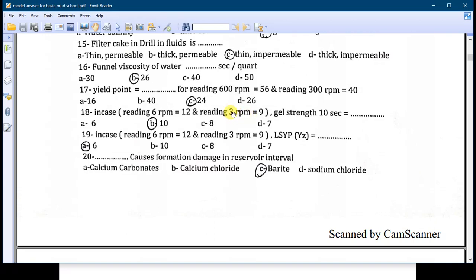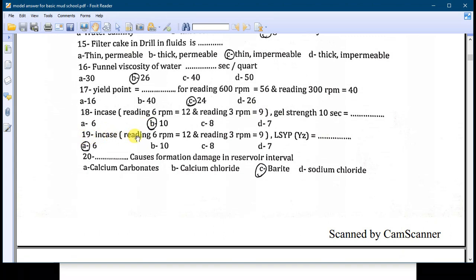Actually, I told you that to get the gel strength, you get the maximum deflection at the 3 RPM, so you will choose any number more than 9. So here it will be the 10. If it is less than 9, it will be a wrong answer, because you take the maximum deflection for 3 RPM. Here it's 9, so any number more than 9, it will be number B.